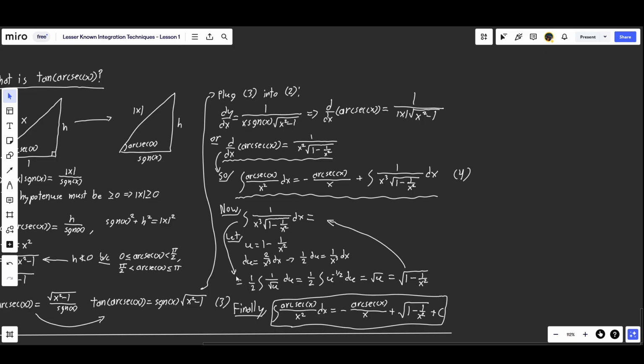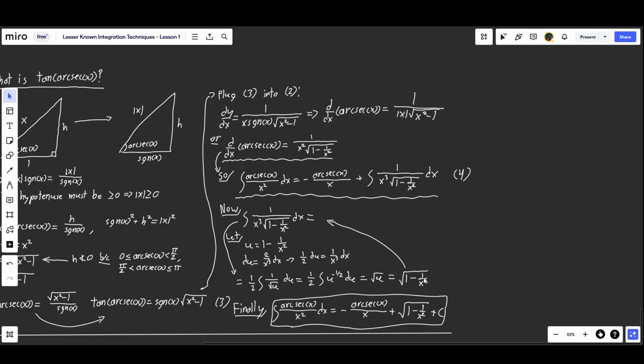So then this whole thing would be equal to 1 over 2 times the indefinite integral of 1 over the square root of u, which will be equal to 1 over 2 times the indefinite integral of u to the power of negative 1/2, which will simply be equal to the square root of u, and then plugging u back in, this will be equal to the square root of 1 minus 1 over x squared.